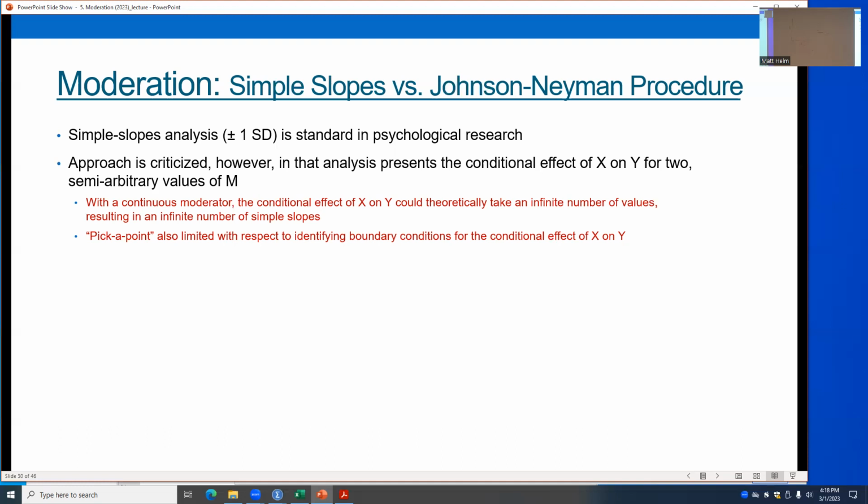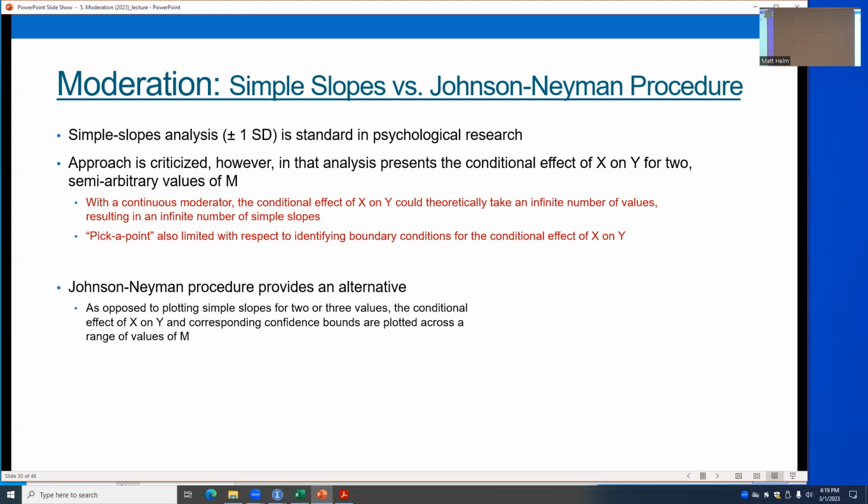Maybe I don't care about a standard deviation above or below. Maybe there are other points that are interesting to me. Or maybe, with that negative relation between PTSD and role functioning, I want to see how severe your pain has to be before we stop seeing an association between those two. We don't really get that with the pick-a-point approach, right?